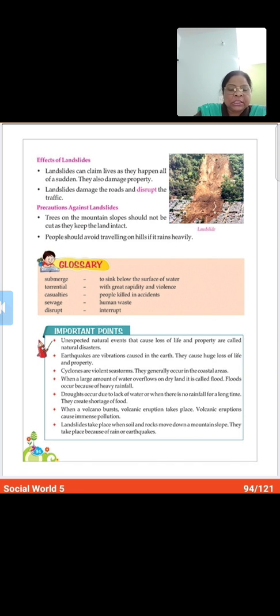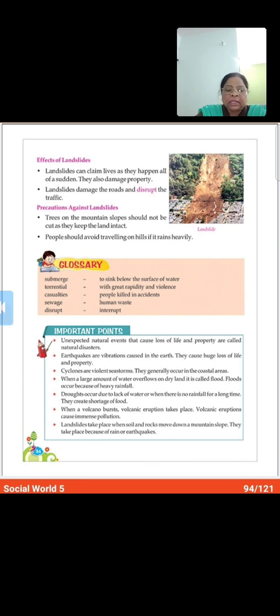Trees on the mountain slope should not be cut as they keep the land intact. This much you know, that the roots hold into the soil tightly and keep the plant erect. And when the soil becomes loose, what will happen?